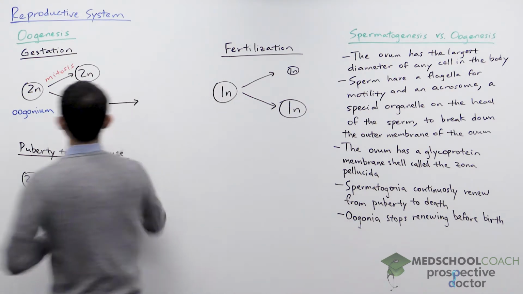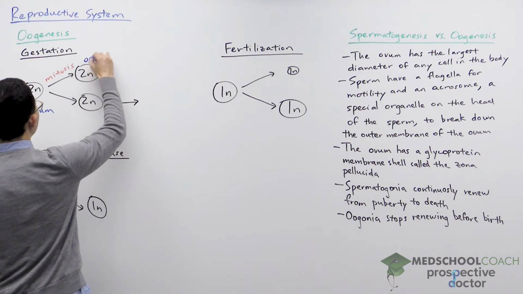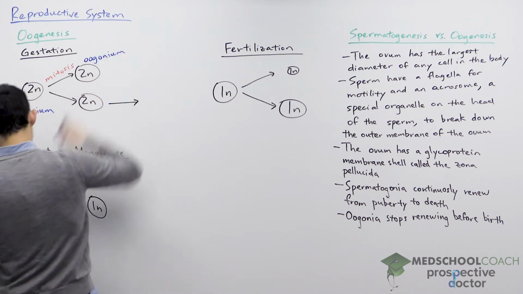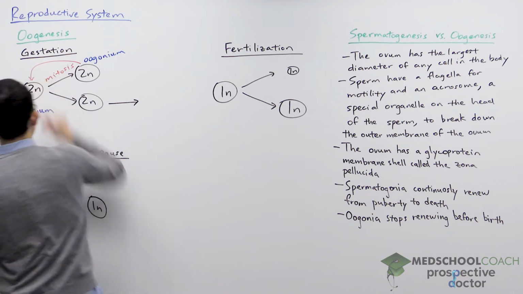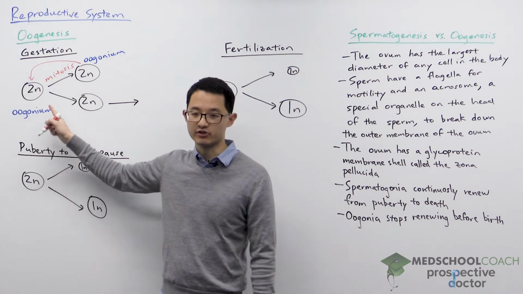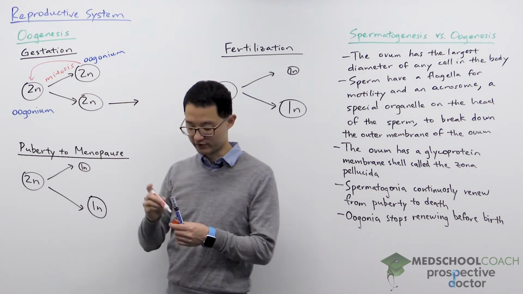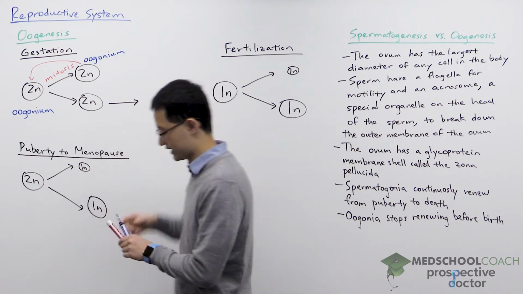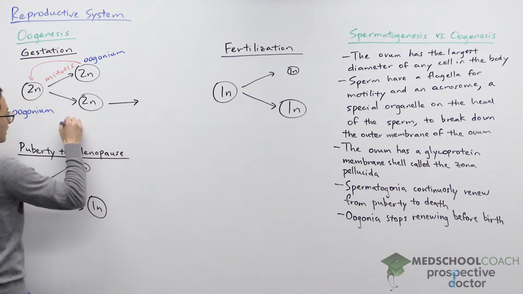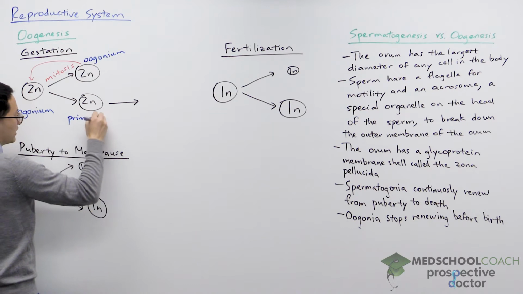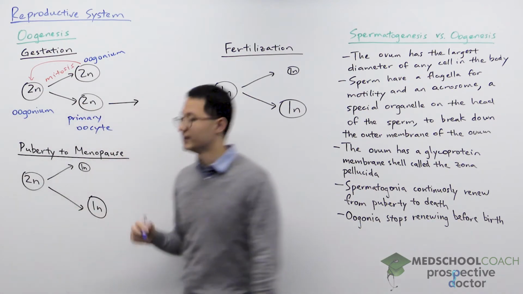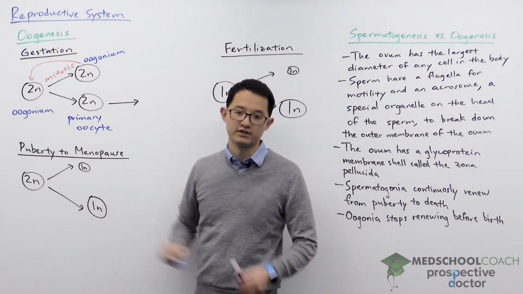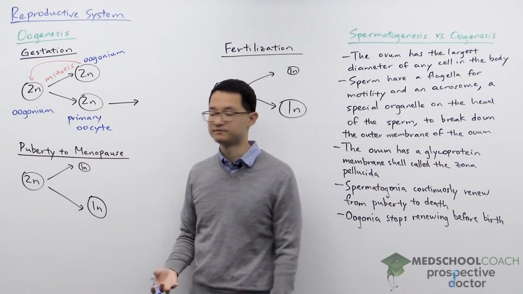One of them is an oogonium that, as a stem cell, is going to replenish the population and be able to repeat this process over and over again. The other cell is the primary oocyte. The primary oocyte is going to undergo meiosis to eventually form the ovum.